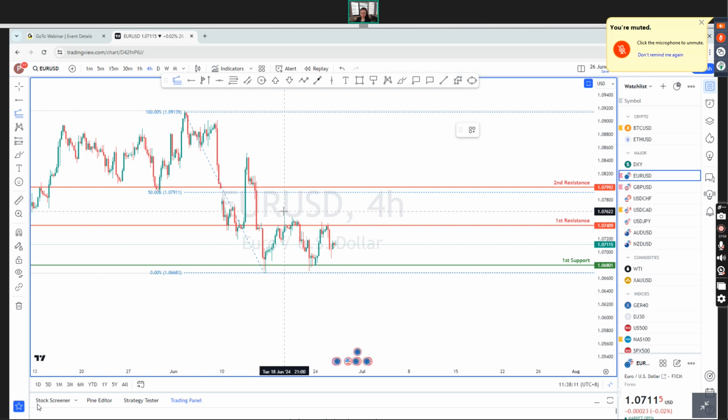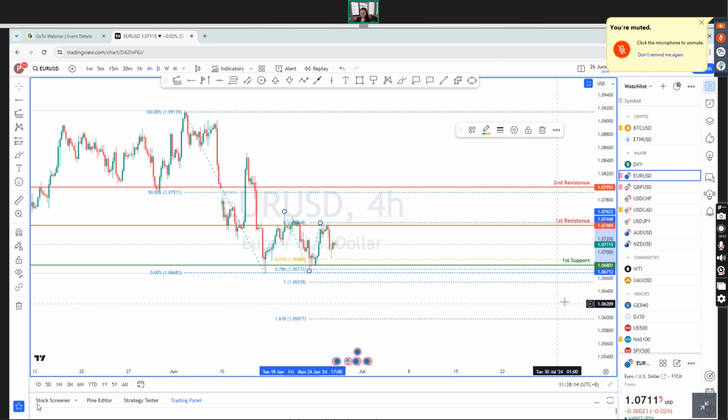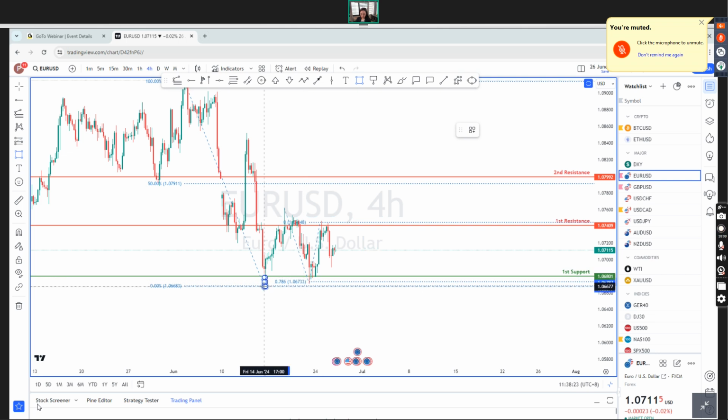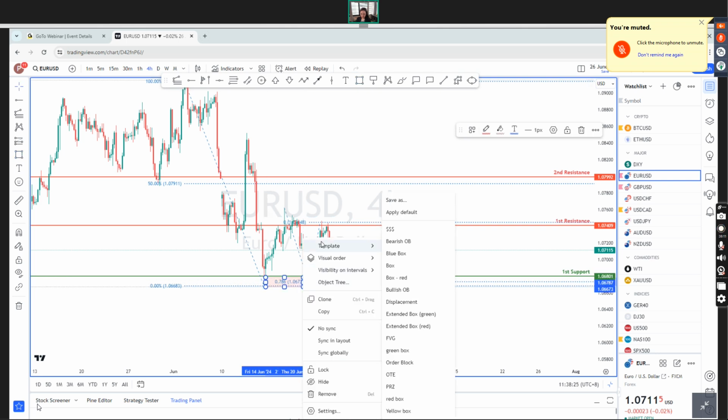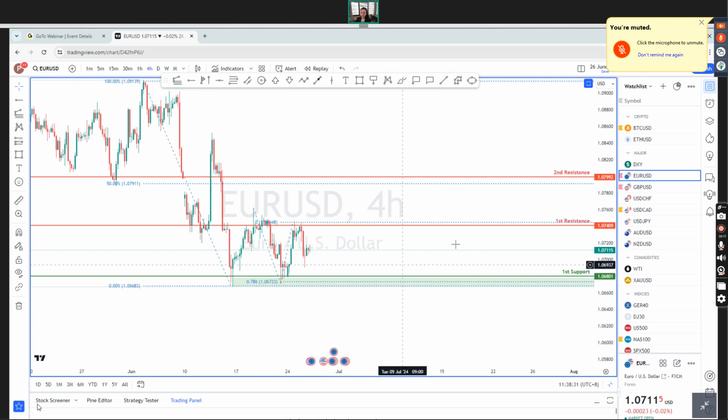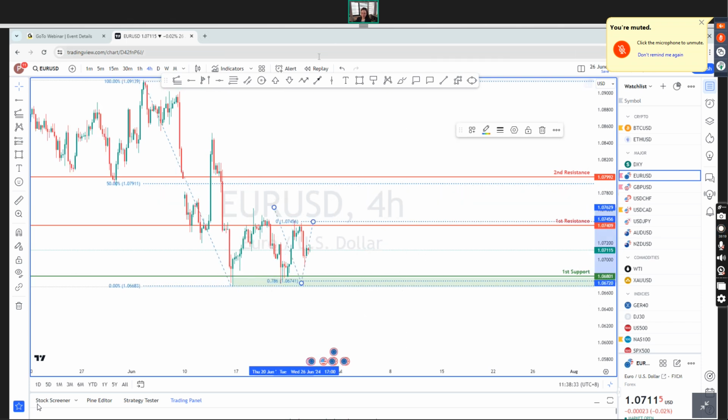We also can use projection. We teach you how to use projection, right? My support level below, I do have a 78.6% projection. So I will leave it like that, meaning that this is my support zone, the body to the wick, because I have the 78.6 projection right there.